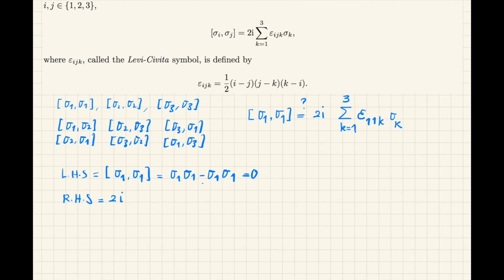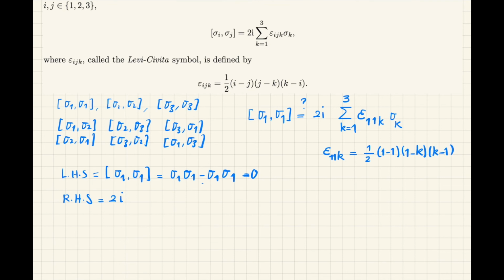Okay, so if I calculate epsilon 1, 1, k using the given definition, this becomes 1 over 2. i is 1, j is also 1, and k is any number from 1 to 3, let us keep it, and then again k minus 1, because i is 1.